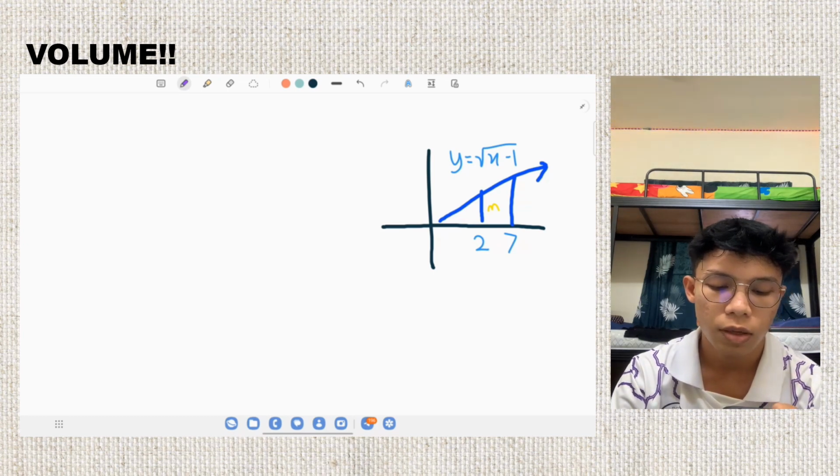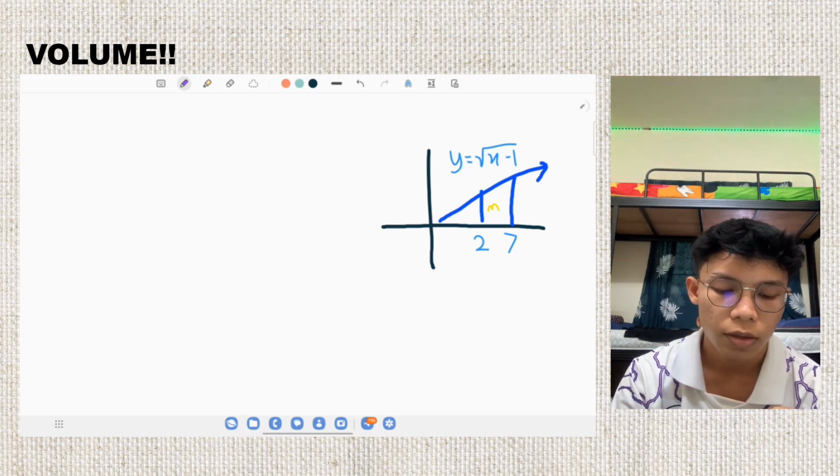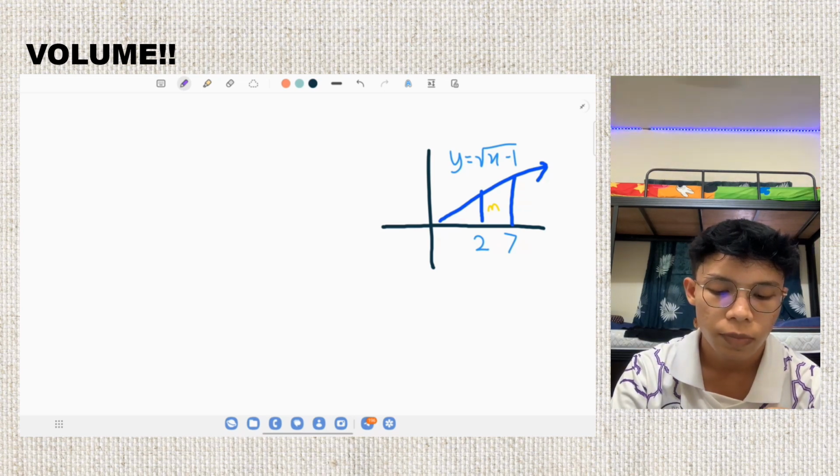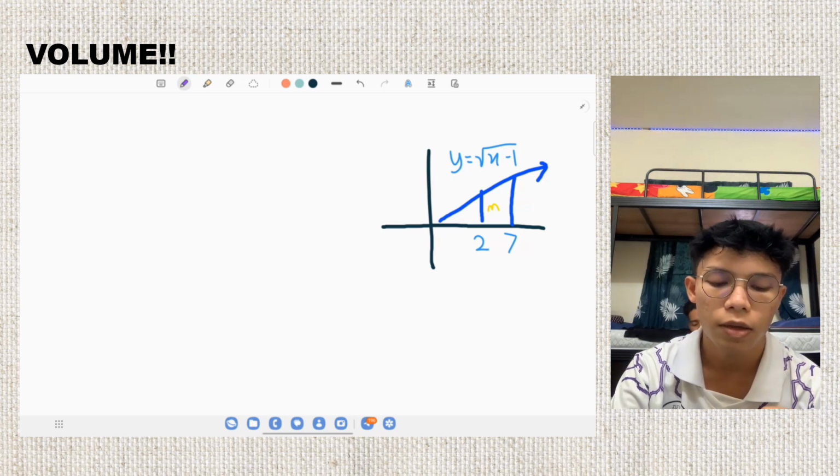When we take something under the square root and square it, the square root just disappears. And now we are ready to integrate: pi times x squared over 2 minus x, evaluated from 3 to 7, which will be pi times plug the 7 in first.